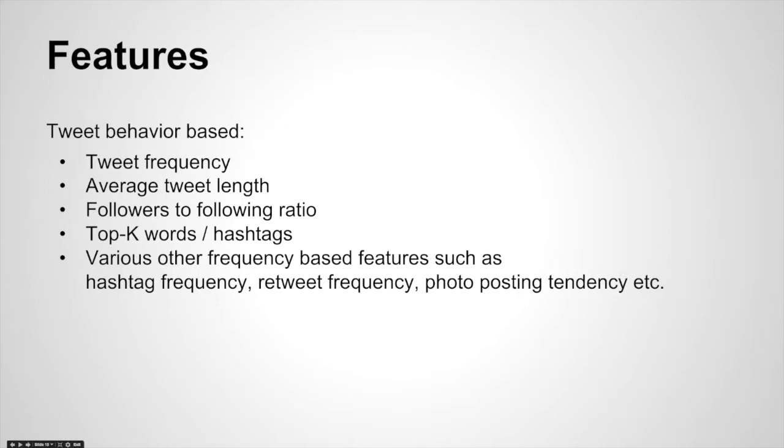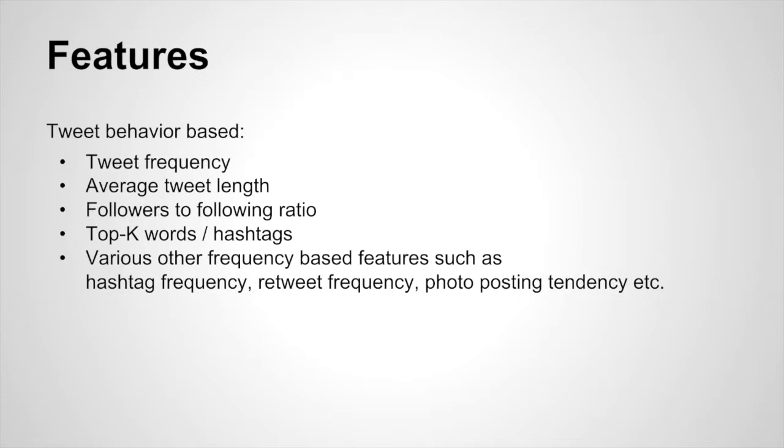Okay, so now we'll discuss the features we have used in this work. The first set of features are the tweet behavior based features, and these were the basic features used by almost all the state of the art works in this field.